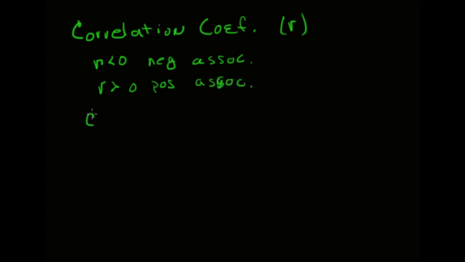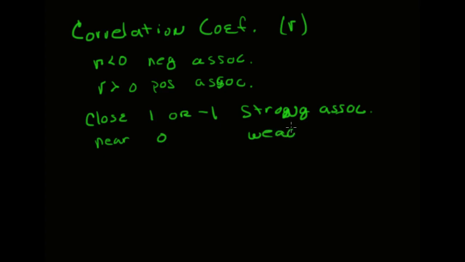If we were close to 1 or negative 1, we had strong association of two variables. And if we were near 0, we had weak association of two variables. R is restricted between negative 1 and 1 inclusive.